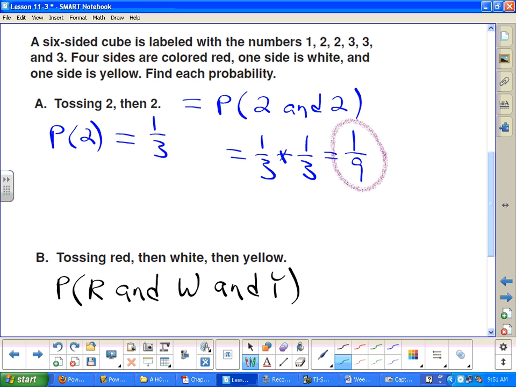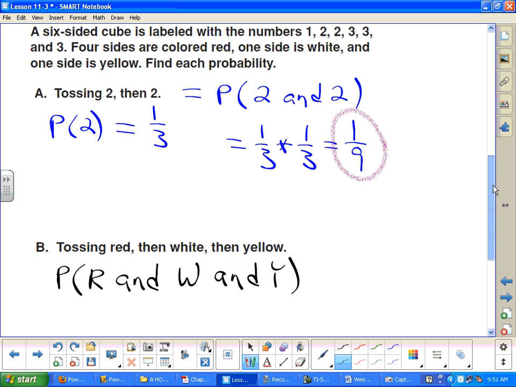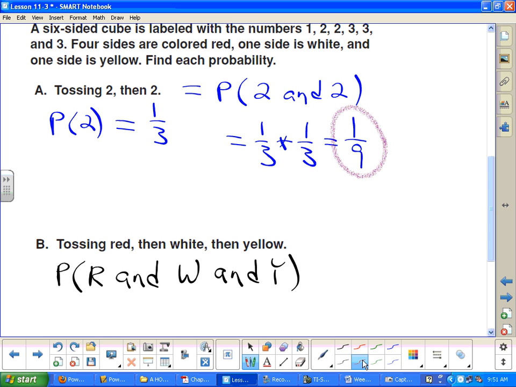So it's very similar to the fundamental counting principle. So red, what's the probability of a red? 2/3. There's 4 of them out of the 6, so that would be 2/3. All right, and we're going to multiply that by, what's the probability of a white one? 1/6.